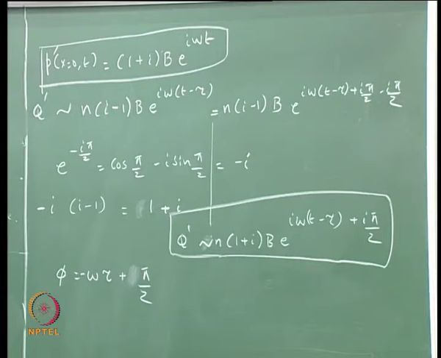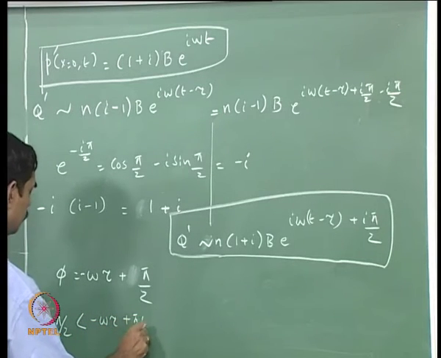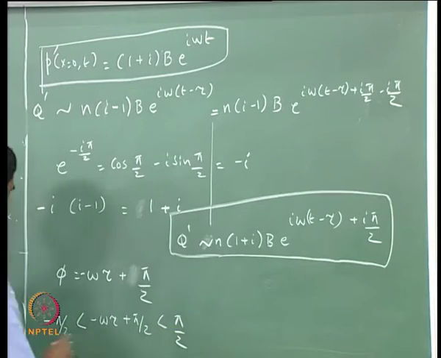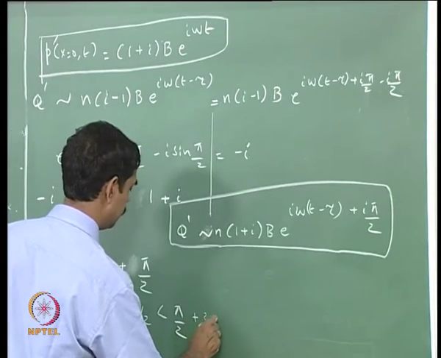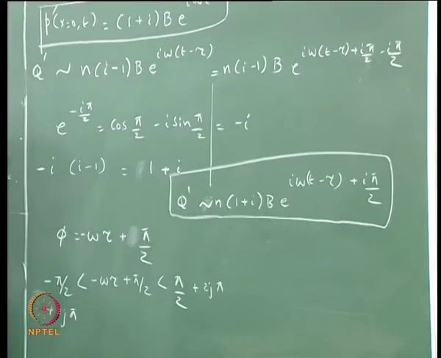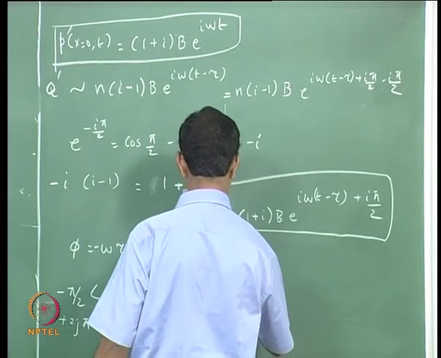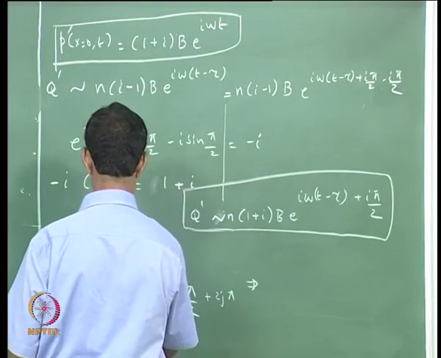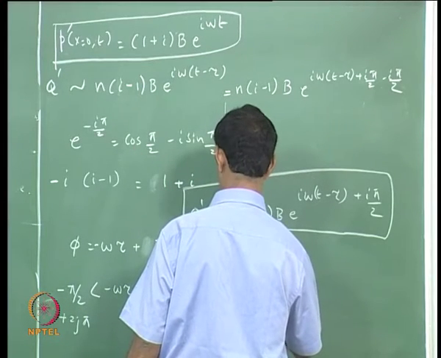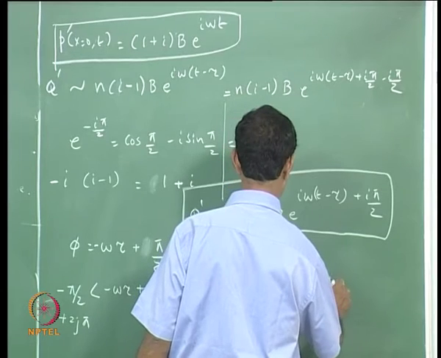So this should be between minus pi by 2 to plus pi by 2, or plus 2j pi here. So this would give pi plus 2j minus n.